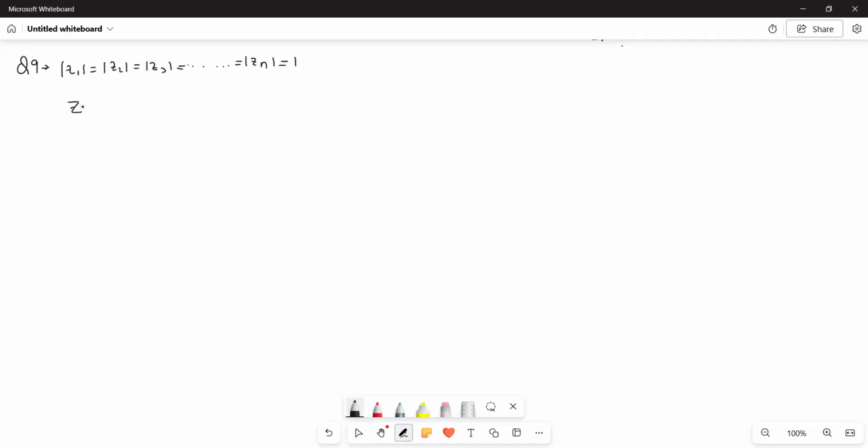Now we have a complex number Z which is defined as summation of ZR, R going from 1 to n, multiplied with summation of 1 by ZR, again R goes from 1 to n. Okay, then prove that mod Z will be less than or equal to n square.